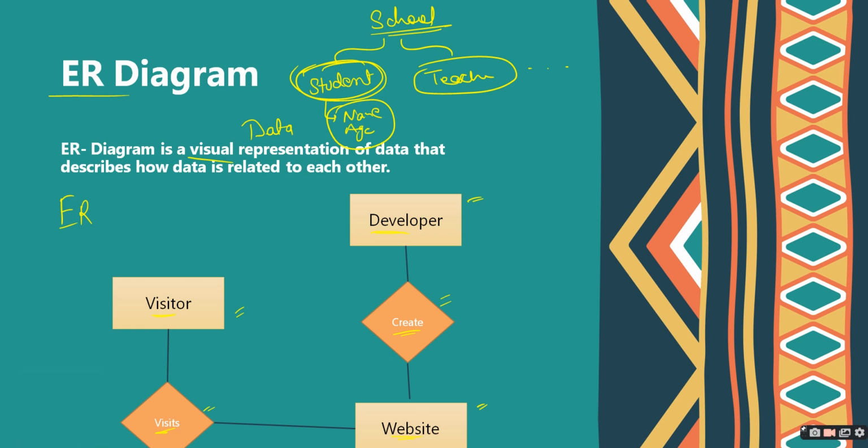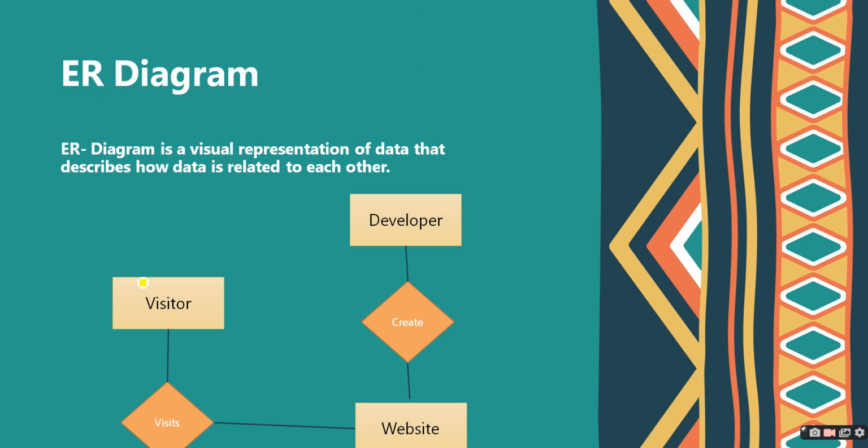The motive of this diagram is only to show what relationship a developer and a visitor have. Developer creates, whereas visitor visits our website. So what is common between these? This website, right? So this shows a relationship between visitor as well as developer. The entity which is related to both of them is our website. And what does the developer do? It just creates, and the visitor just visits.